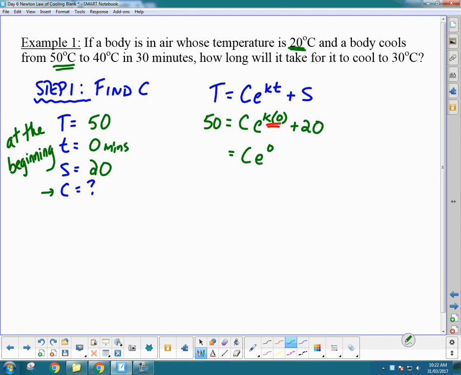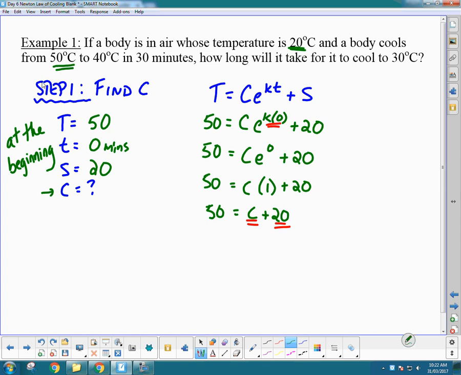So that's e to the 0 plus 20. Remember, e to the 0 is just a number to the power of 0, and any number to the power of 0 is 1. So everything breaks down, and we're left with 50 being made up of the initial actual temperature plus the 20 surrounding.